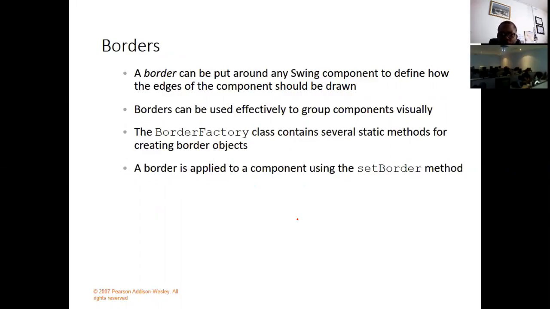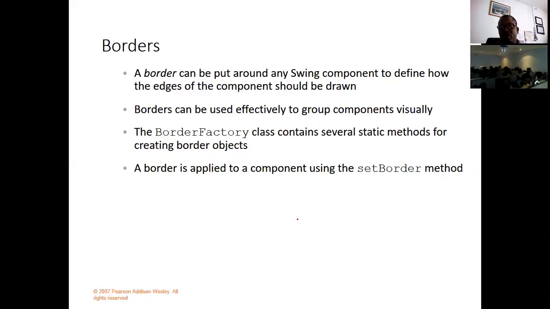Now, what we can also do is to use borders to enhance the different panels or layouts. We can put a border around almost any container or panel, but it's not absolutely necessary.